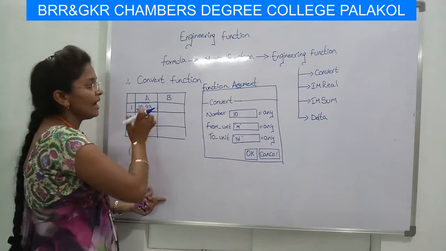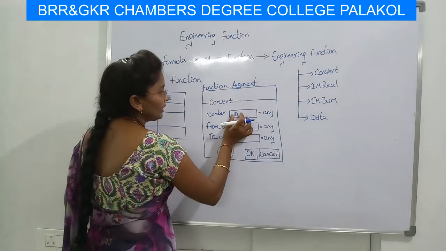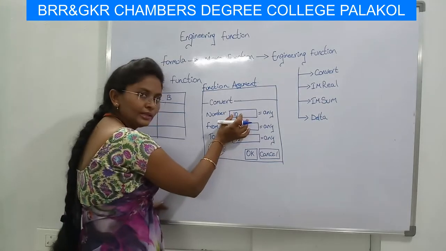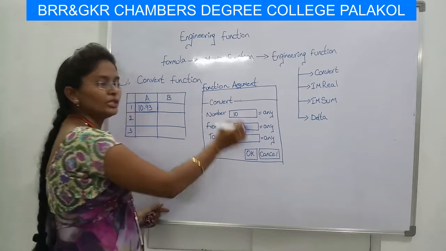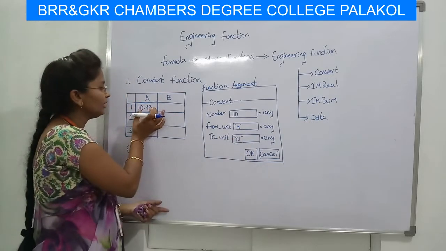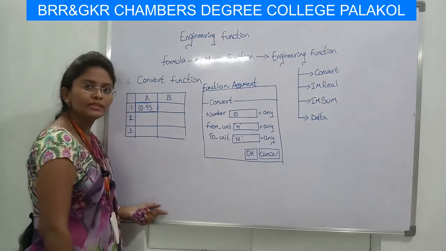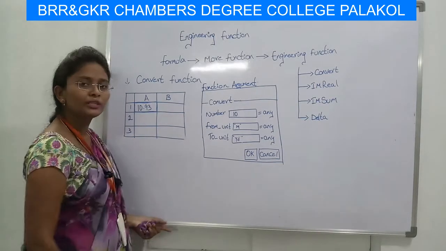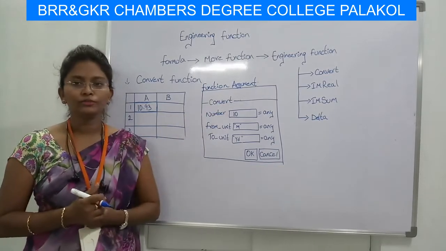Here the number is in meters and it is changing to the yards. After changing into the yards, the number will be displayed as 10.93. This is the way to convert meters to yards in the Excel sheet by using convert function.